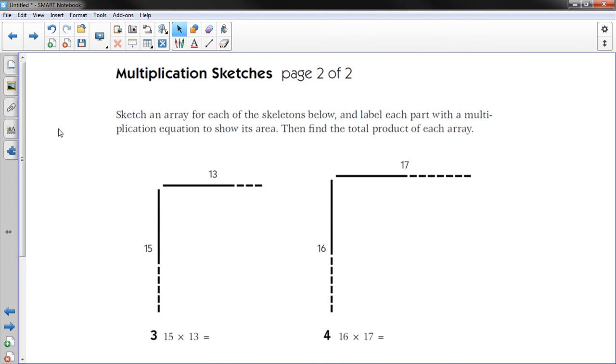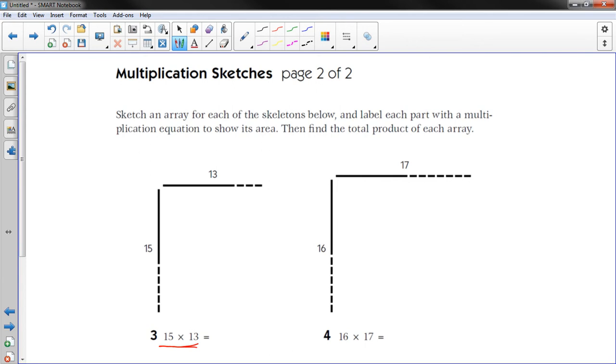Multiplication sketches. This is on the other side of the paper. Sketch an array for each of the skeletons below and label each part with a multiplication equation to show its area. Then find the total product of each array. Alright, so I have 13 times 15, which is down below here.